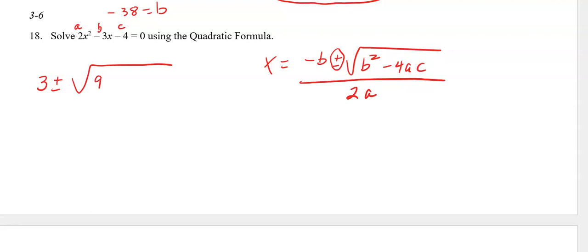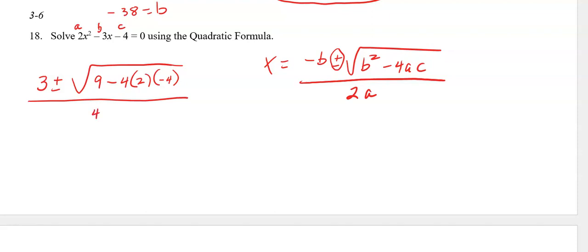Well, negative 3 squared is 9. And still under the radical, I'm multiplying 4 times a, which is 2, times c, which is negative 4. All of this, the whole thing, is going to go over 2 times 2. Remember, a is 2, so 2 times 2 is 4.